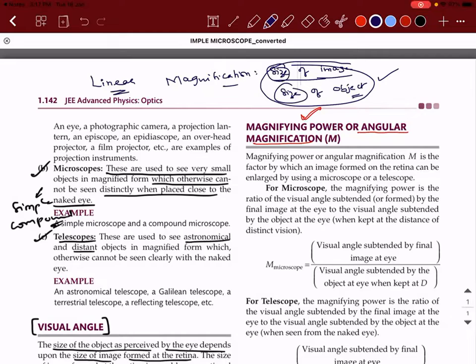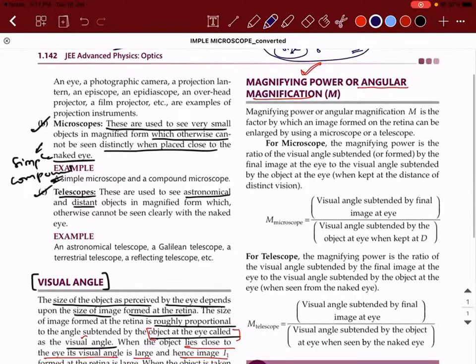Whereas when you talk about optical instruments, it involves angles. Since angles are involved in the case of optical instruments, we speak about a parameter called magnifying power, which has another name, magnification only. But the prefix added to it is angular magnification.